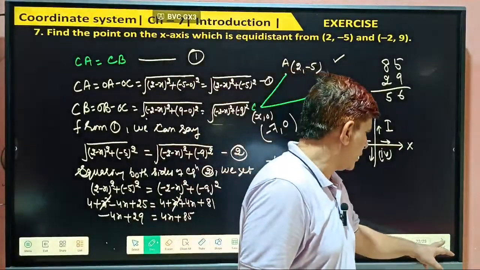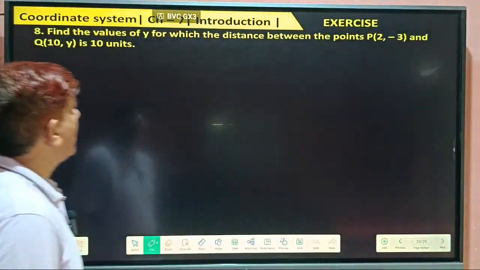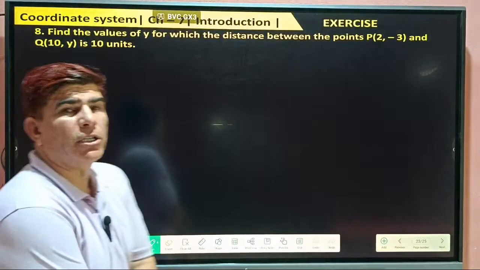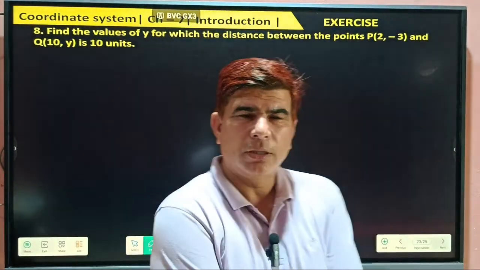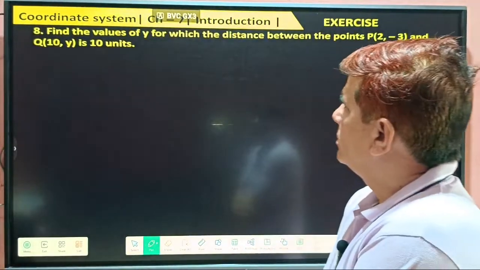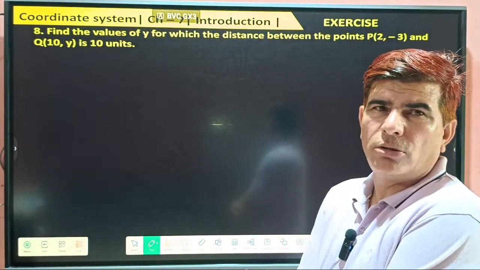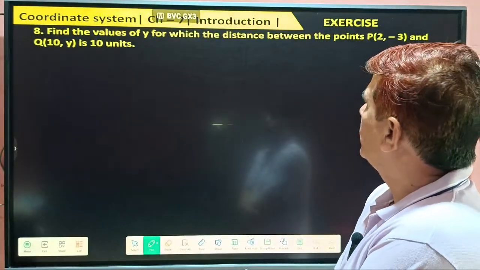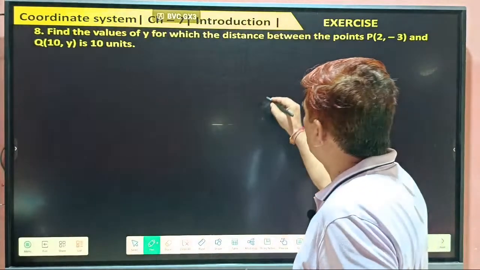Now question number 8: find the value of y for which the distance between this point and this point is 10 units. The question has changed, understood? But the formula remains the same. It says find the value of y for which, so this is the given point P.